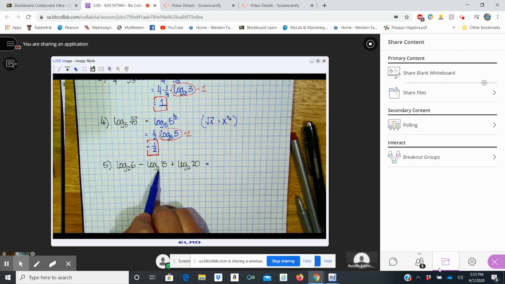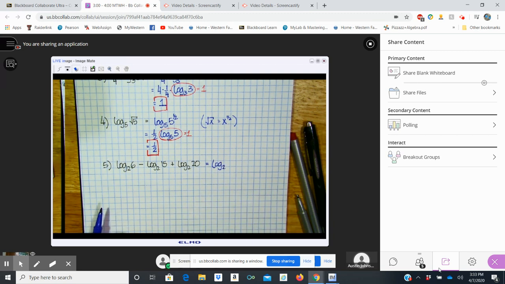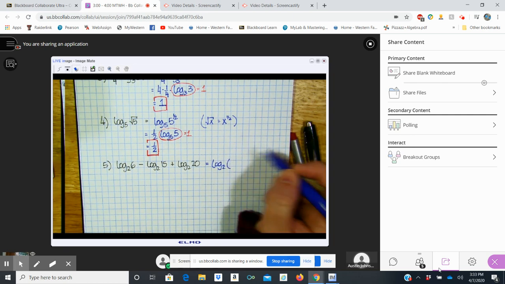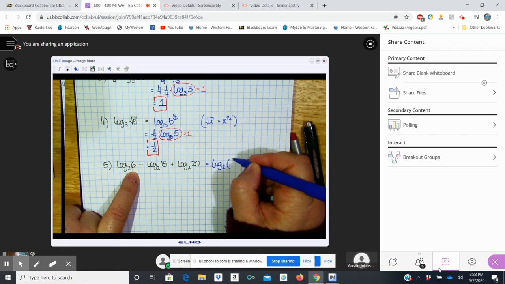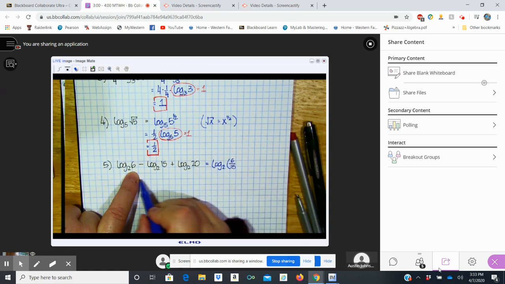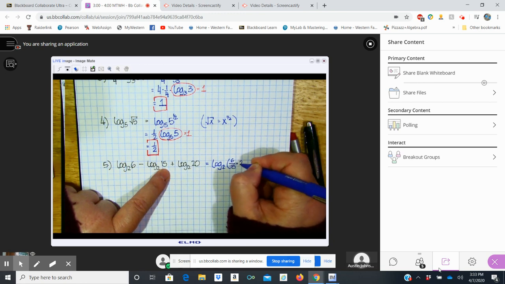Base 2, base 2, base 2. So this would be a log base 2 of 6 minus 15, which translates into 6 divided by 15. And then we're going to add a 20, so this would be times 20.